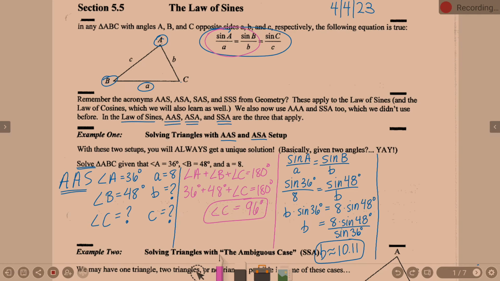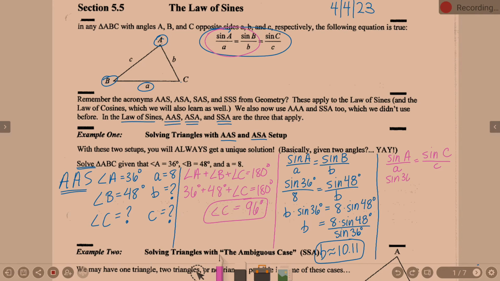So since A was the provided information, I would suggest setting it up as sine of A over side A equal to sine of C over side C. I always try and go with the provided information when I can.